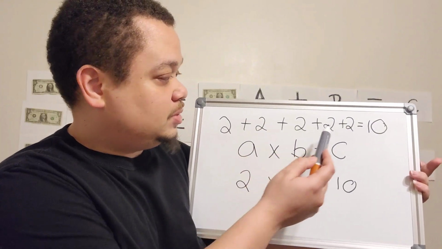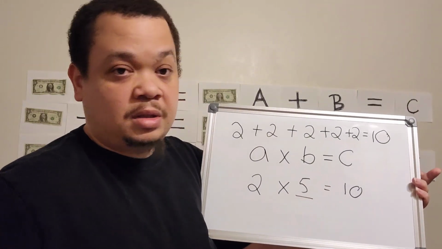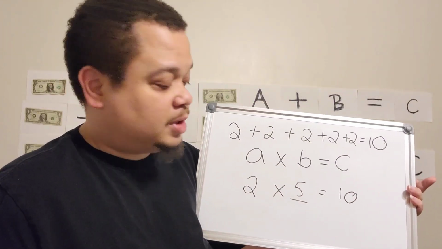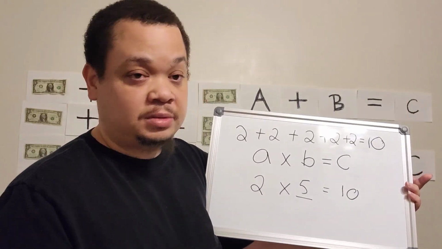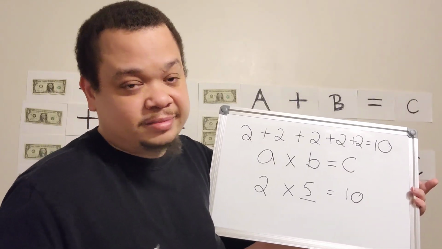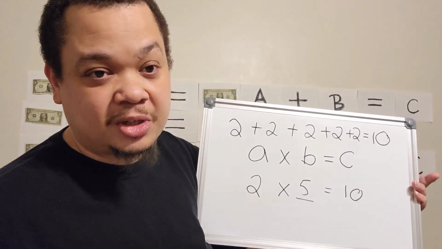So you count 1, 2, 3, 4, 5. Right? And so that's how you get your multiplication equation. All right? That's how you and I were taught, or if not, I don't know. You tell me how you were taught, but this is how I was taught.